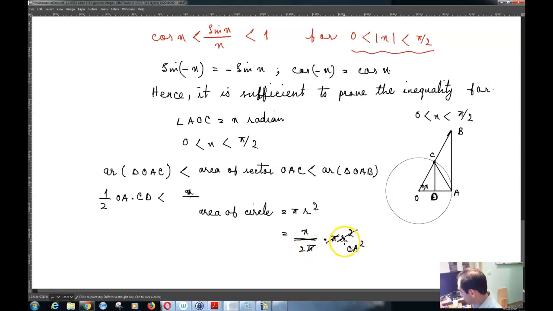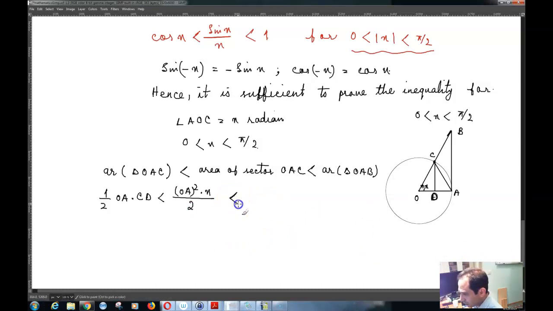So I can write this as OA squared times x divided by 2. That is going to be the area of this sector.